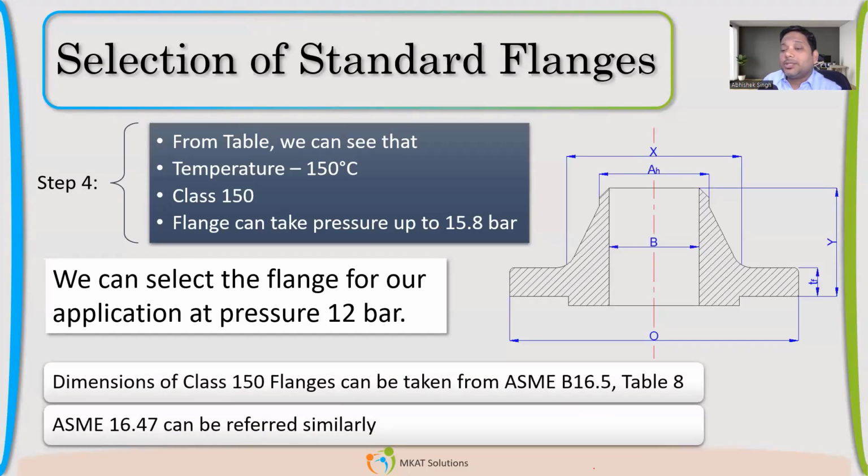Once you have decided the rating of that flange, like the 150 rating I have selected, for the size which was required, like 16 inch, we can go to the dimensions of the flange and select the dimensions also. That is also available in 16.5. So that is how we use the selection of a standard flange.